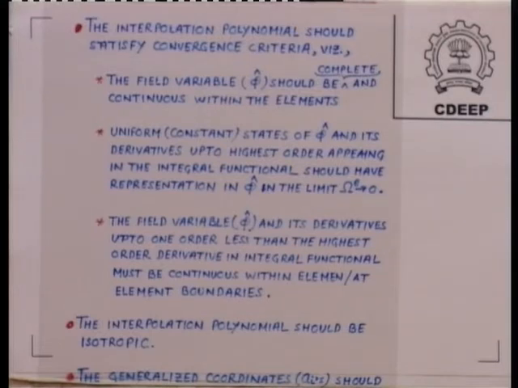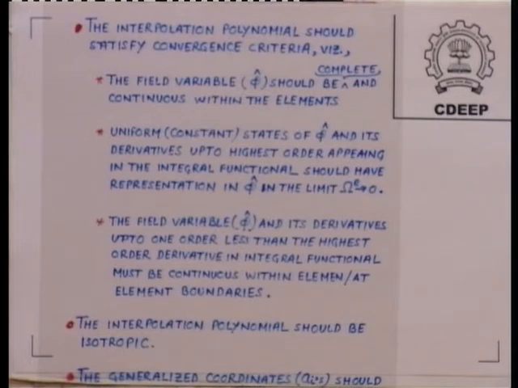Then, have you seen anywhere this term C0 element or C1 element while going through the book? C0, C1. So far in our course we have dealt with what I call C0 elements.